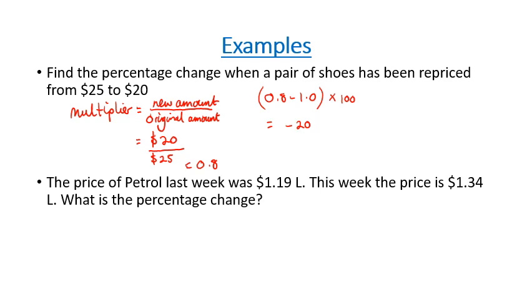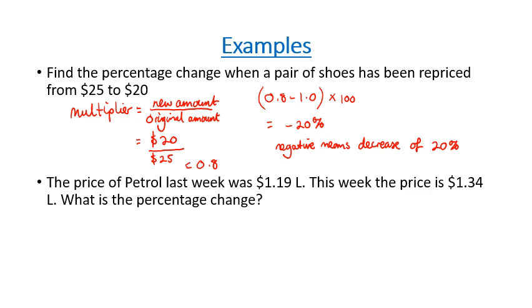It's going to give me negative 20. I know this is negative, which means there's been a decrease of 20%. So a negative means a decrease, and we've already worked out our percentage, which is 20.